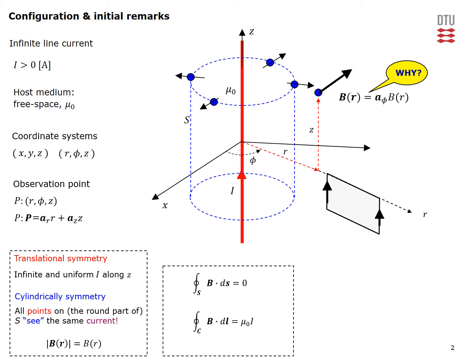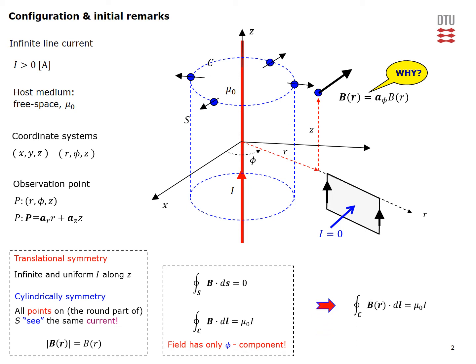So the left-hand side will be different than 0. But obviously, there is no current flowing through this gray surface which is bounded by this path. So we have to assume that there is indeed no z component of the B field. Thus, the field has only a phi component, and this phi component will only depend on the radial distance.